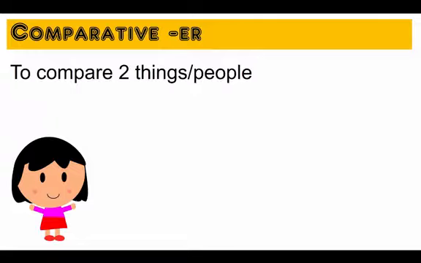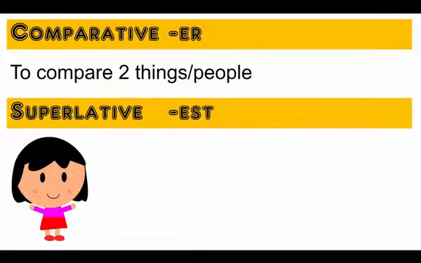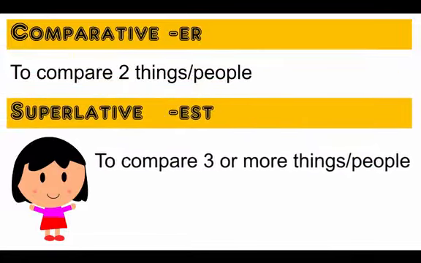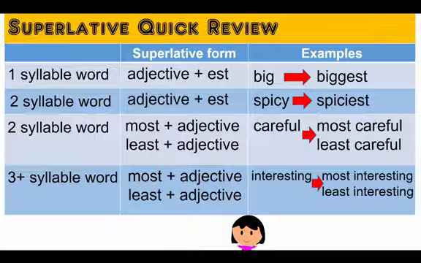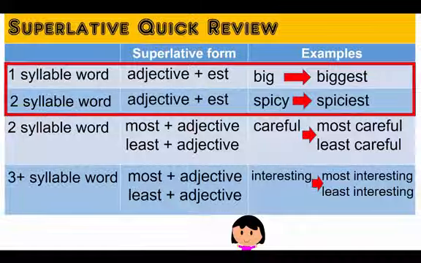Now, you probably noticed that all the adjectives changed from ER to EST. This is the superlative. It is used when we compare three or more things. The rules for superlatives are similar to comparatives. Let's review this chart. For superlatives, if adjectives are one or two syllables, you just add EST to the end.